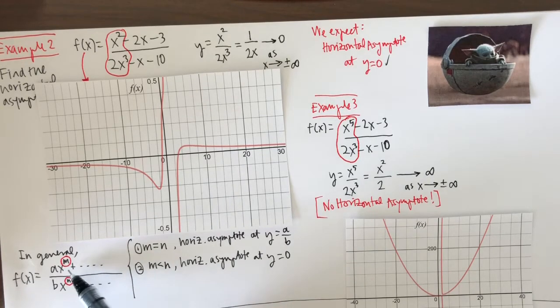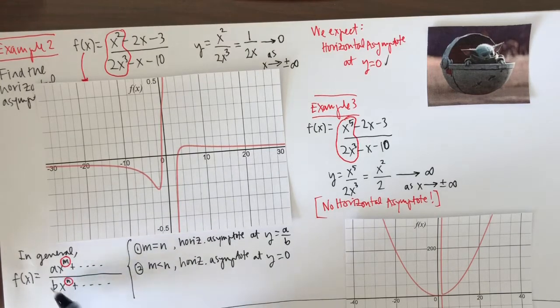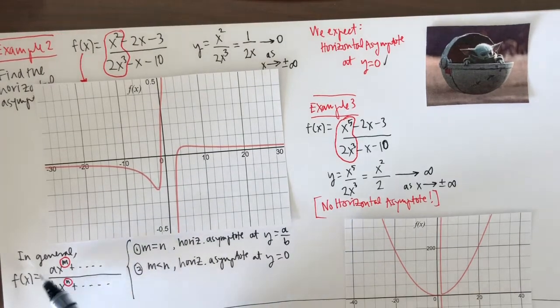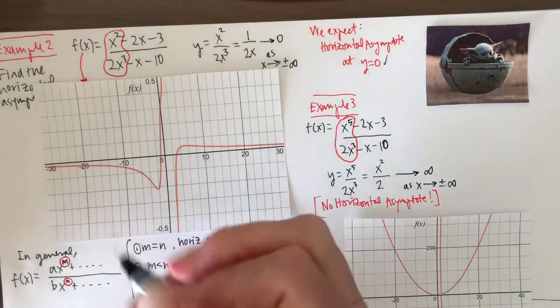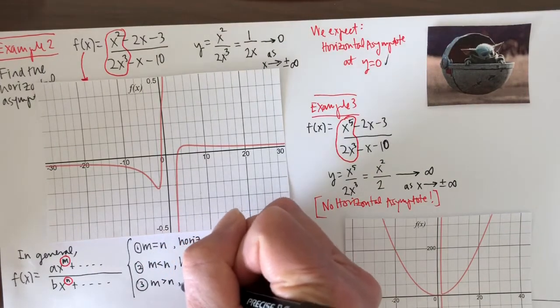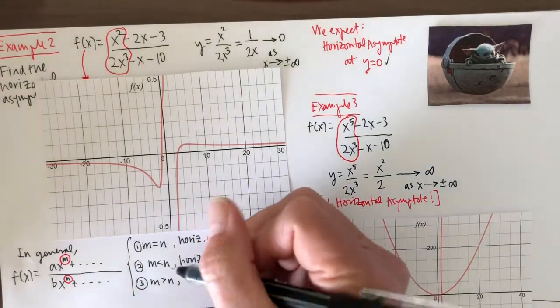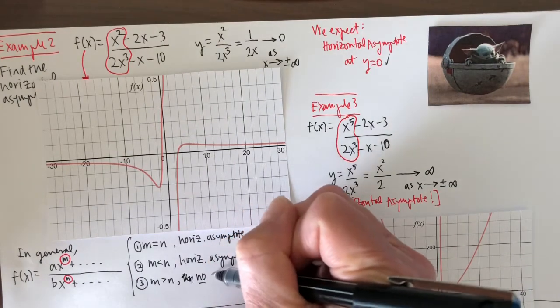This can't quite keep up, and these whole leading terms go to 0. The third case is if the power on top of your leading term is larger than the power on top of the leading term there, then there is no horizontal asymptote.